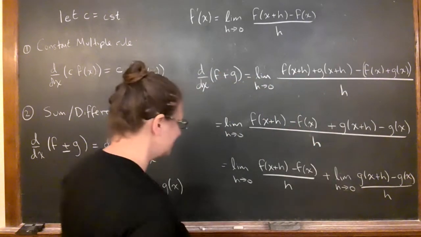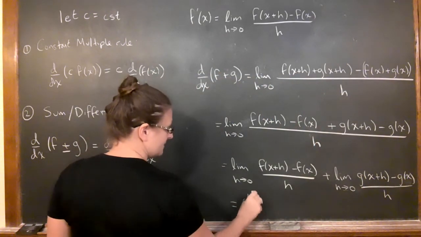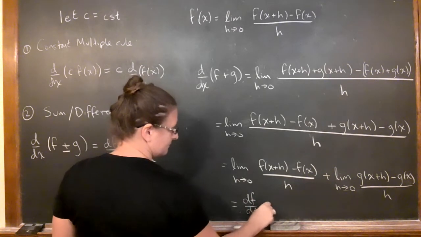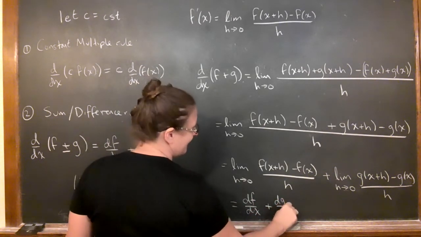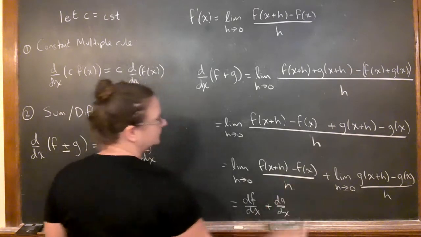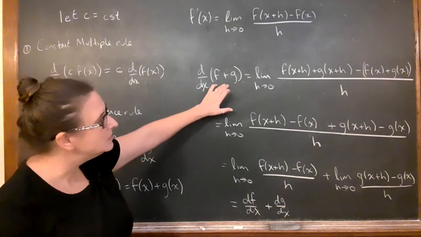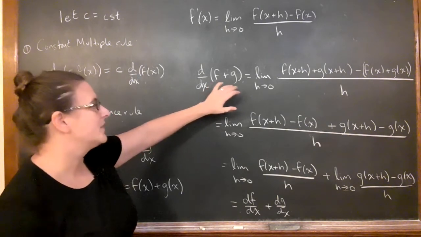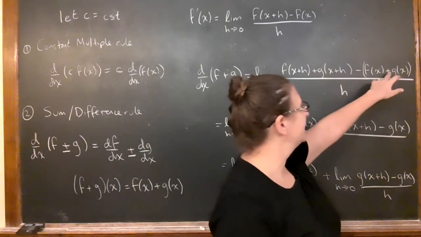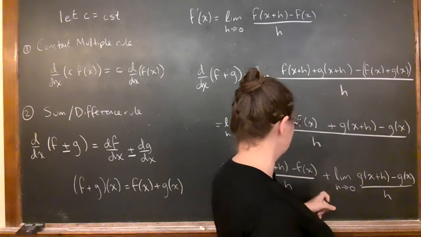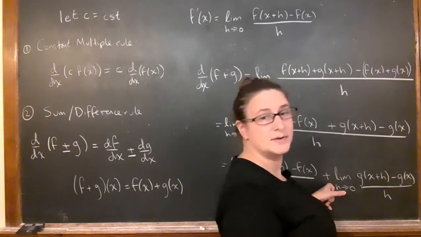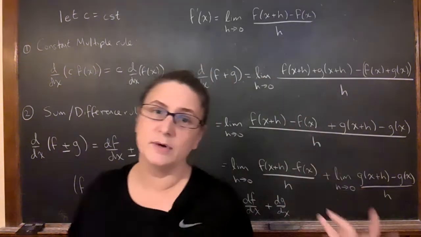Right? And then this is just what I wanted, the derivative of f plus the derivative of g. And if it was a minus here, there would be a minus here and a minus there. So you could work it, if you worked it all out, you'd just have a minus there. So it's the same proof.